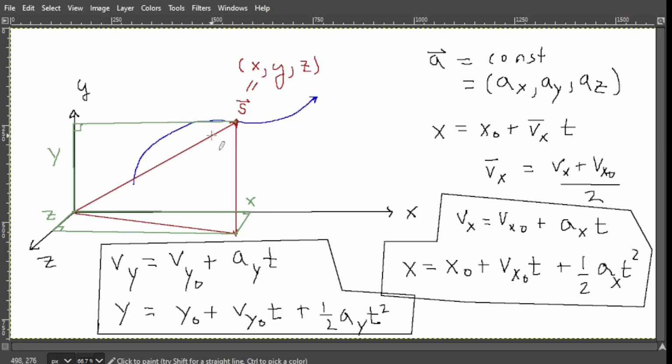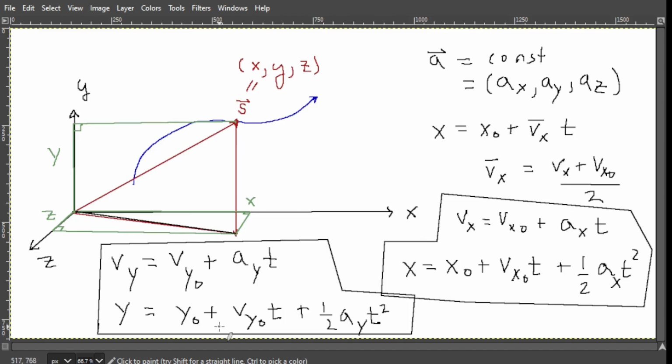If this was the motion and it stayed in a plane, I could rotate the x-axis to be right along this red line, and then the z position would constantly be 0, so we could just throw it away, and all the motion could be completely described just by the x and y coordinates. That is the case for projectile motion, which we're about to get into.